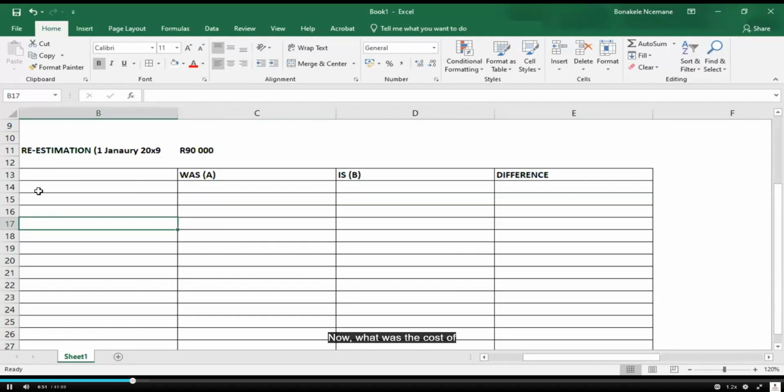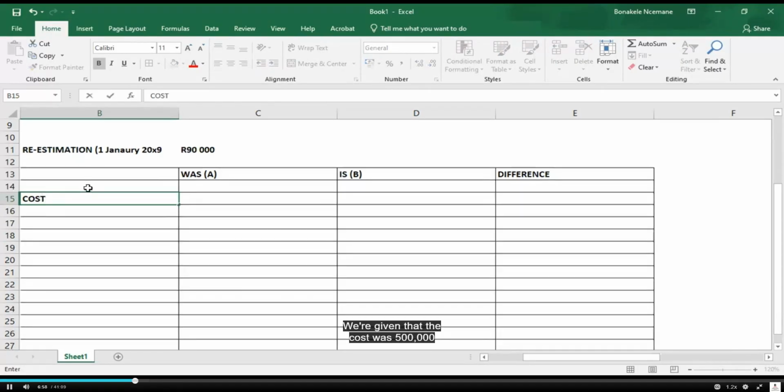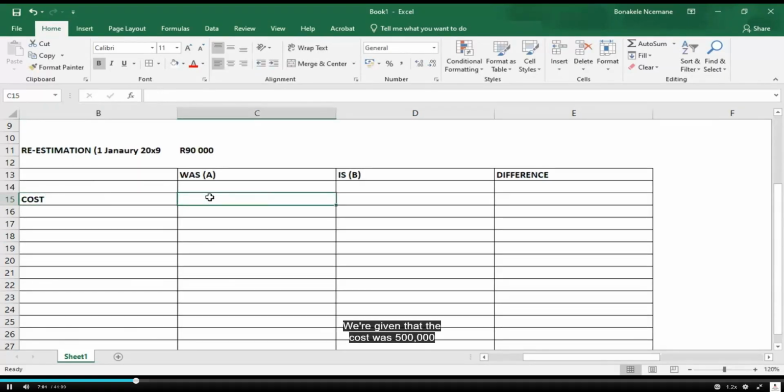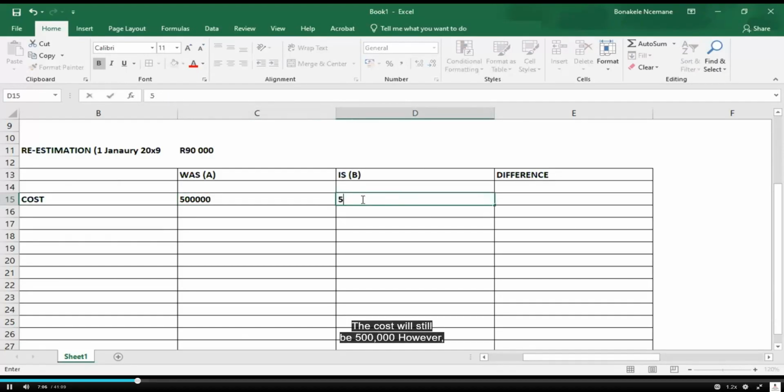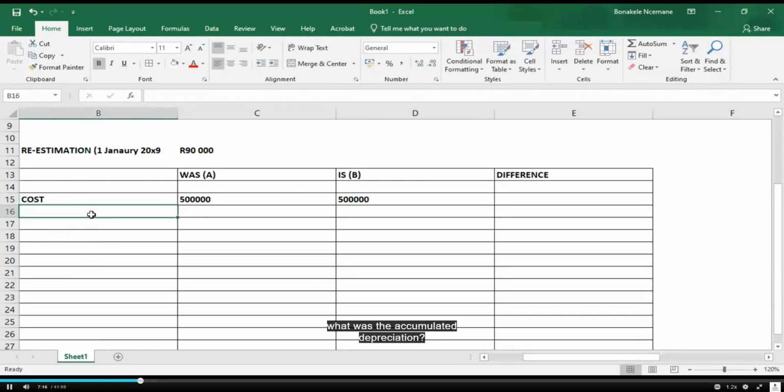Now, what was the cost of this machinery at the date in which we purchased it? We're given that the cost was 500,000. So the cost will still be 500,000. However, what was the accumulated depreciation?